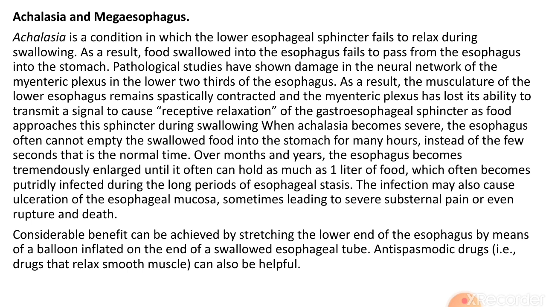So a failure of the receptive relaxation in the lower esophageal sphincter, which means that this sphincter remains constricted, leads to accumulation of the food particles in the esophagus, and with time the esophagus becomes dilated, and the food particles which remain in the esophagus cause excoriation of the mucosa of the esophagus, and inflammation also occurs and leads to ulceration of the esophagus. And if this condition is not treated, it might cause esophageal rupture.